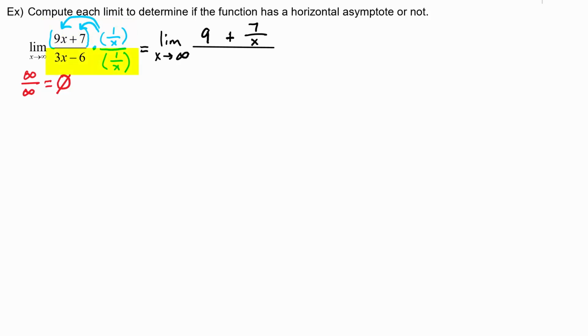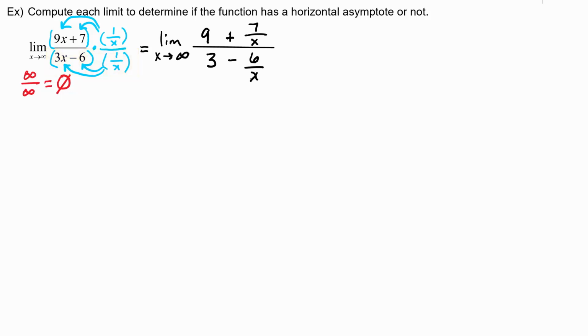In the denominator, we have to do the same thing, and we have to distribute that 1 over x times the entire denominator. So 1 over x times 3x is going to be 3, and then we have minus 1 over x times 6 will be 6 over x.